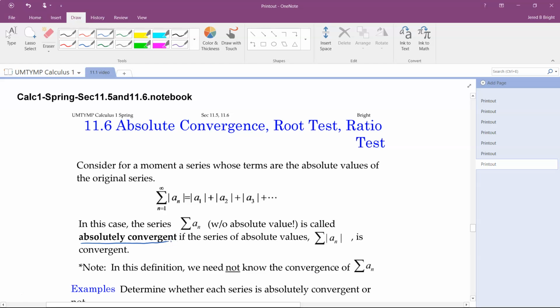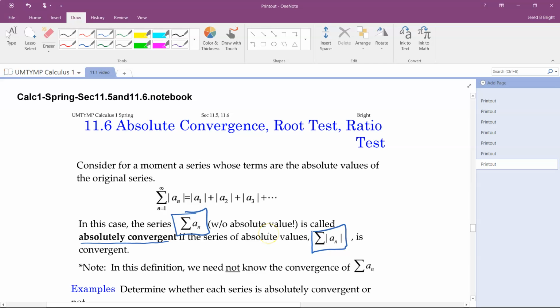Okay, so be careful with the language here. I'm even getting a little tongue-tied. We would say that the series without the absolute values would be absolutely convergent, whereas if we looked at the series of the absolute value of the sequence, we would say that series is convergent.